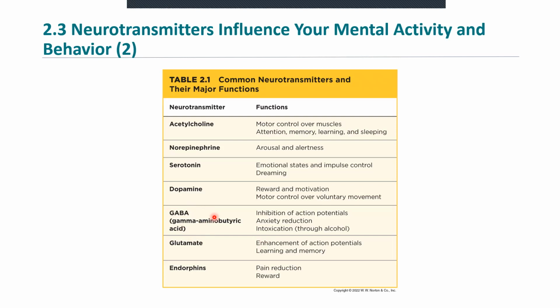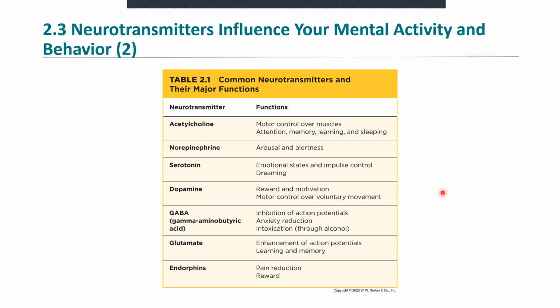There's a lot of GABA released, for instance, when you're going to sleep at night, to calm your brain down and calm down the amount of action that's going on. Glutamate, the one right below it, is the main excitatory neurotransmitter. It enhances action potentials.